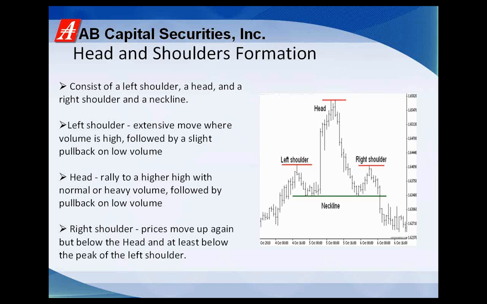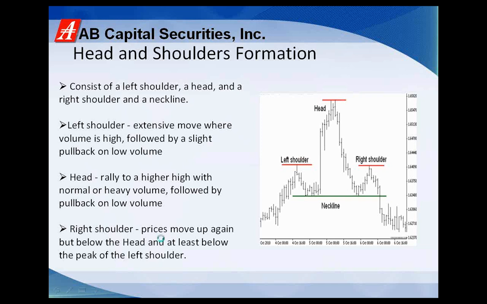And this would be followed by the formation of the right shoulder, which is basically an upward movement again, but this time it would fail to make another higher high or move near the high of the head. So more often than not, it would be approximately the same level as the left shoulder. And this would again be followed by a pullback to the neckline.